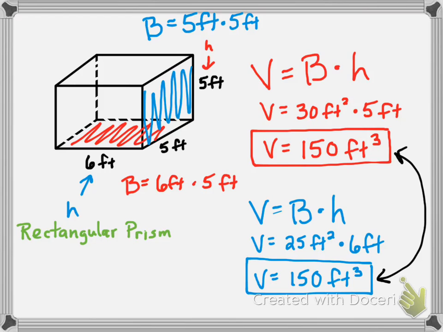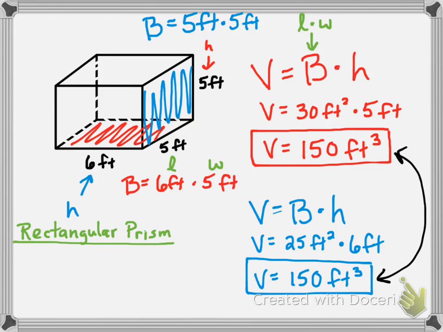notice we always had to find the area of the base and multiply by the height. Well, the base of a rectangular prism is always going to be a rectangle, right? So you're always going to be doing the length times the width, correct? So this base is really just length times width.